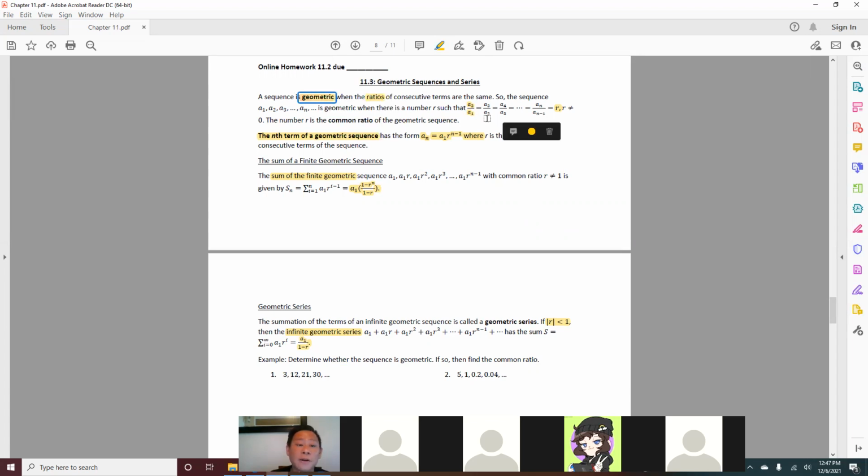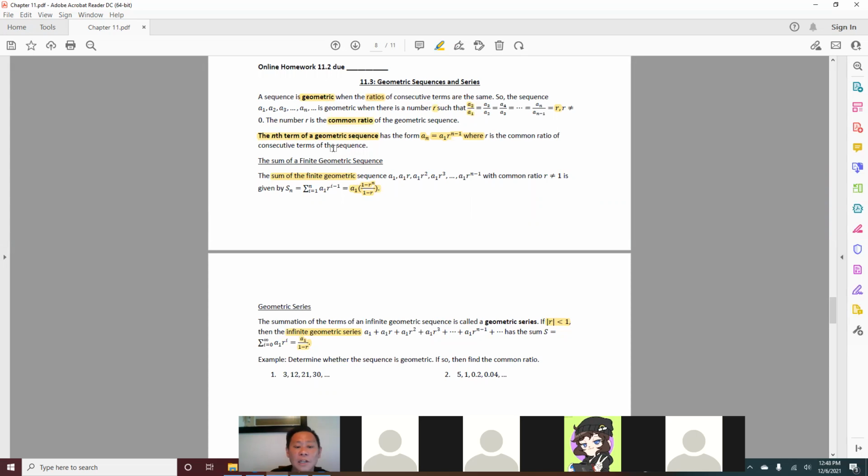So in order for you to figure out if this is a geometric sequence, we use R instead of D. A2 over A1, A3 over A2, A4 over A3 are the same, that equals R, and we call that your common ratio. So the difference between geometric and arithmetic sequence is D and R. D is a difference, so you subtract them. R is a ratio, so we divide them. Make sure you know this, it is very important.